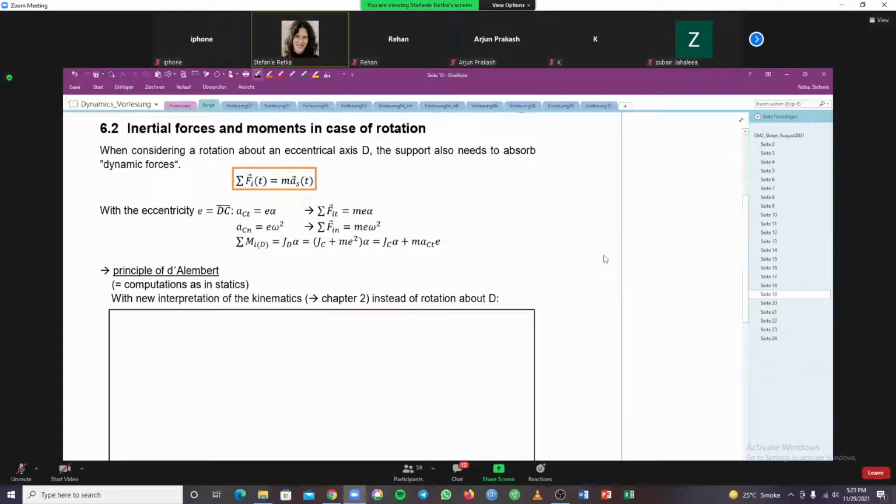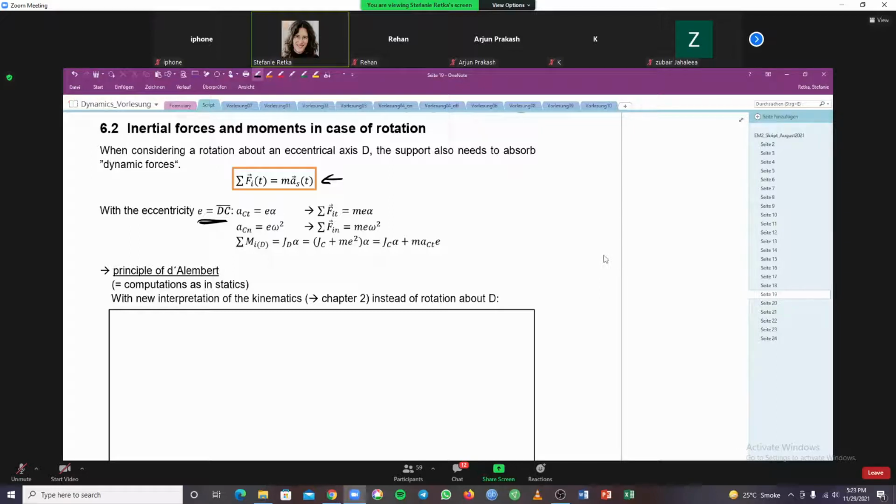And that's just the equation that is stated here again, the equation you know from chapter 4 already. It is also true and also has to be used for rigid bodies as well. And we have to consider the eccentricity. Same as before, if our object rotates about a general axis D, we need to define the distance from the center of gravity to the current axis of rotation.